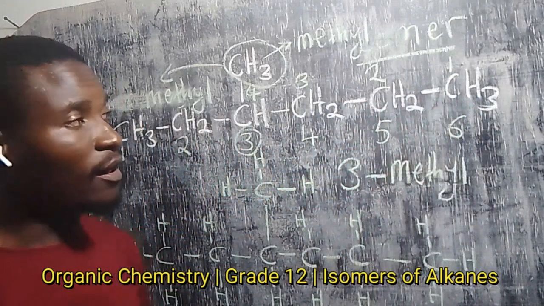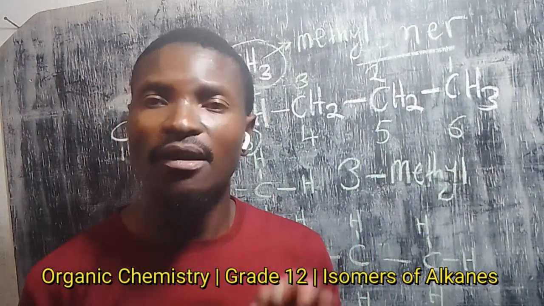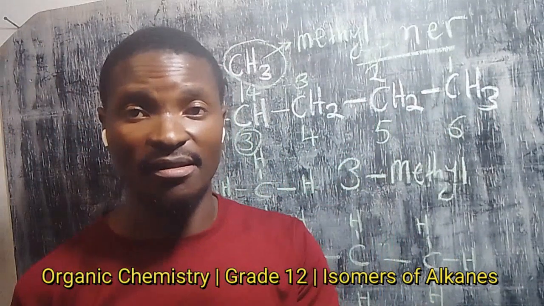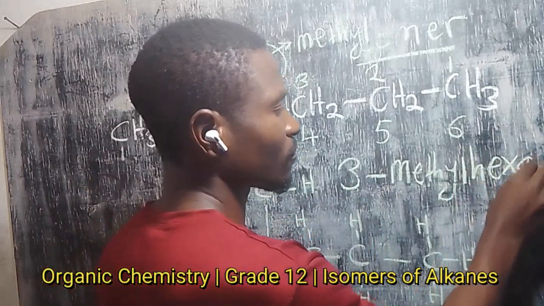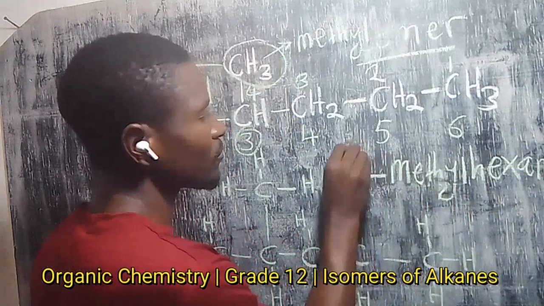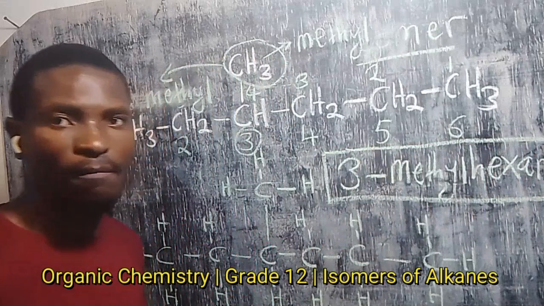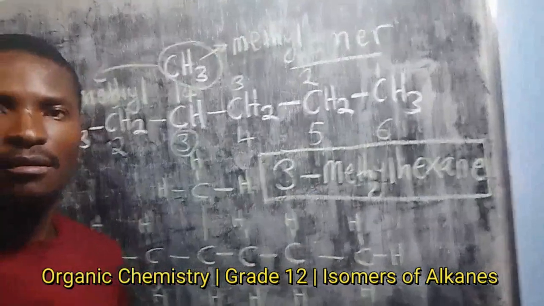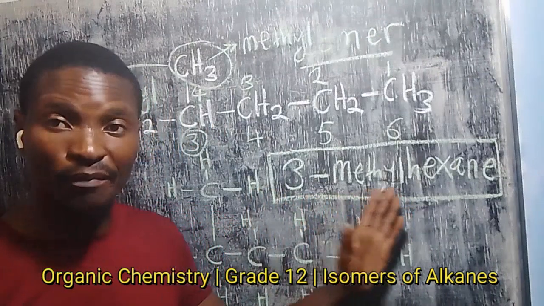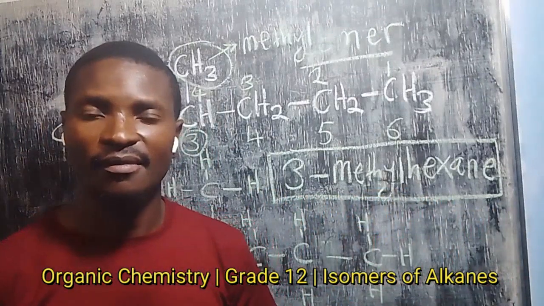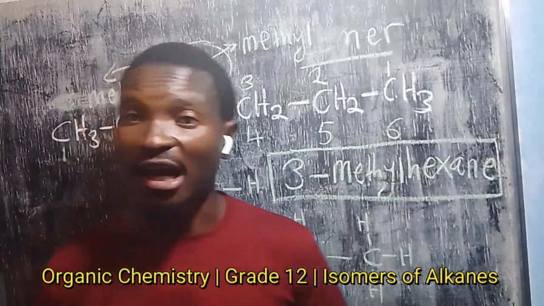The name of a hydrocarbon with 6 carbons is called hexane. So our name now is 3-methylhexane. This is how you can go about naming hydrocarbons.